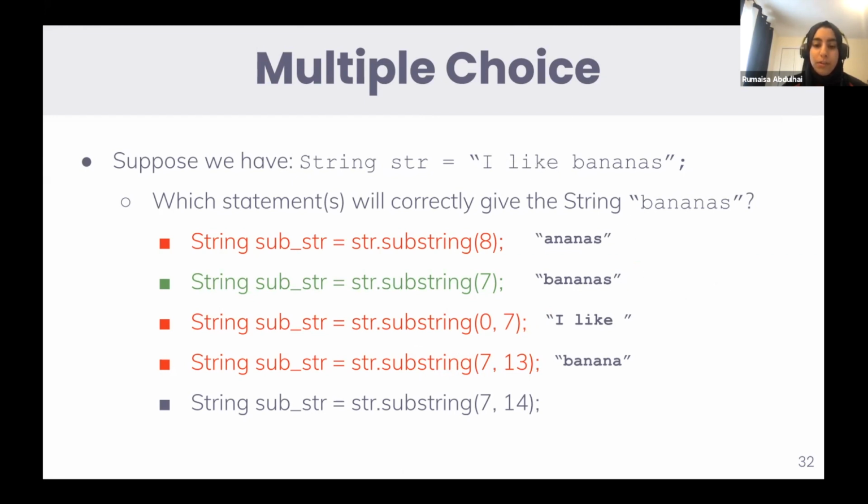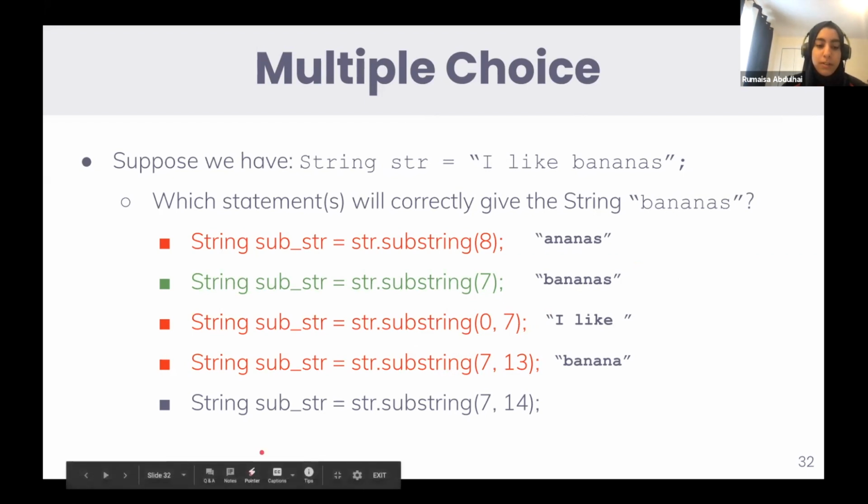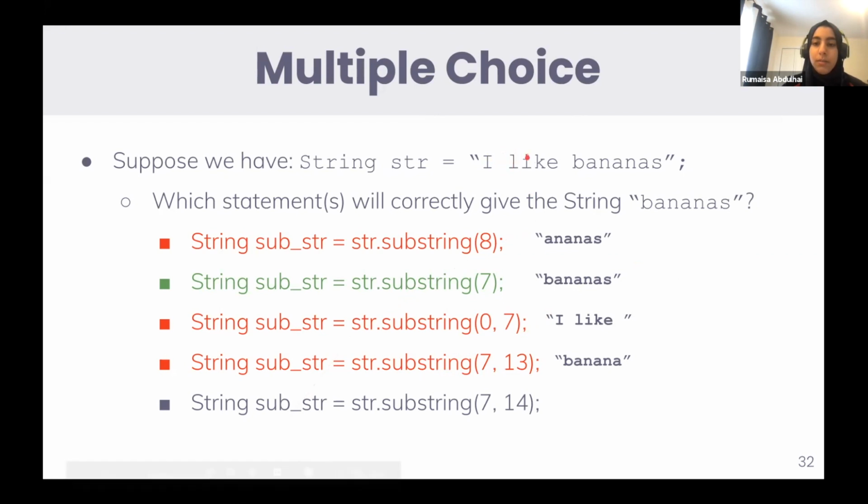We have 0, 1, 2, 3, 4, 5, 6, 7, right? Starting from 7, then we do 8, 9, 10, 11, 12, 13. Because of the way that substring works, it doesn't include the last index. So it's 13 minus 1, so we'll actually output banana and not bananas.